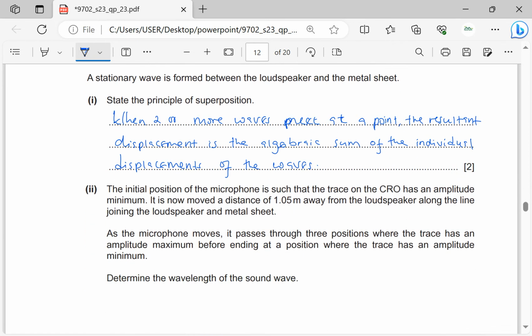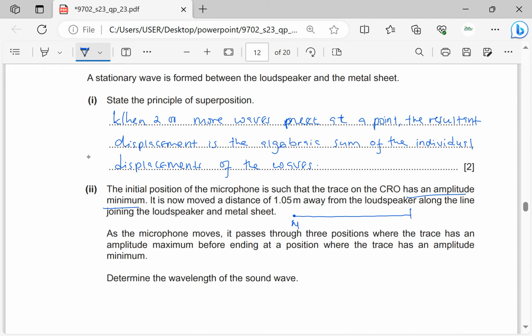Then the initial position of the microphone is such that the trace on the CRO has amplitude minimum. An amplitude minimum, of course, is going to be a node, a point of zero displacement. It is now moved a distance of 1.05 meters away from the loudspeaker along the line joining the loudspeaker and the metal sheet.